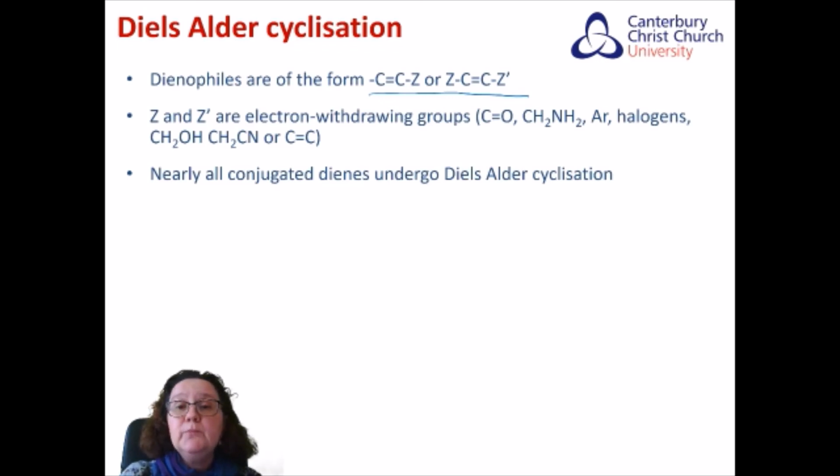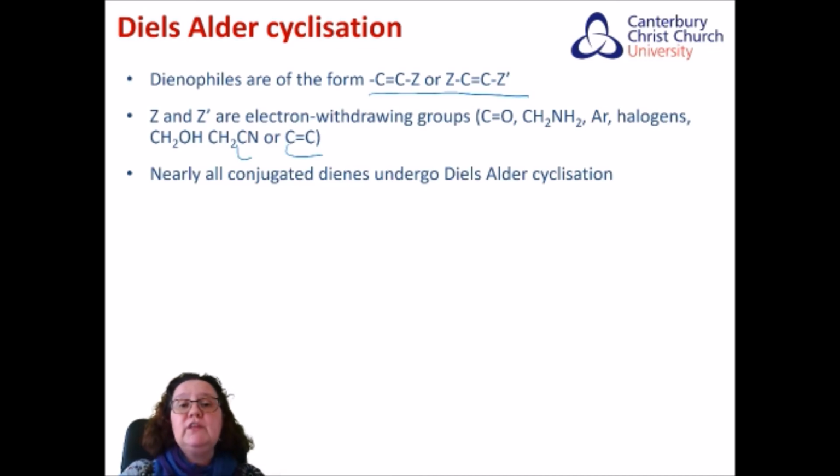A carbonyl group, a carbon with an amino group attached to it, an aryl group, a benzene ring, halogens, a hydroxyl group attached to a carbon, a nitrile, or even another carbon-carbon double bond. So you are withdrawing electronic charge from that double bond. And it's a reasonably easy reaction.